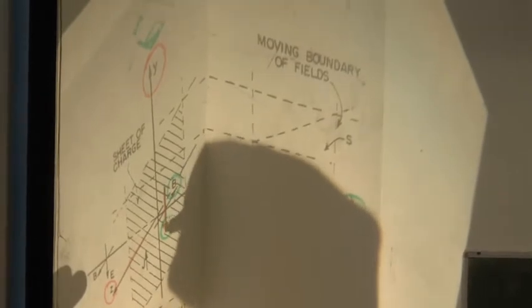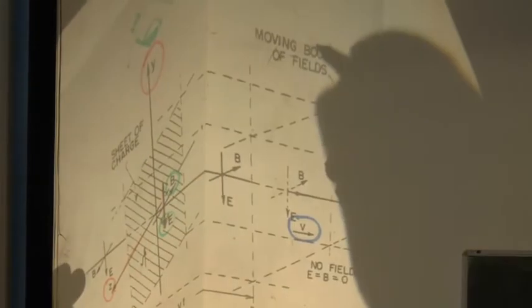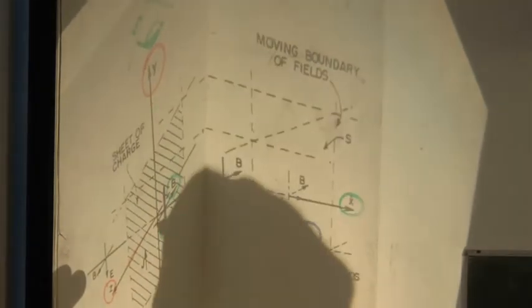Now I look down this way, the top view, and I see electric field lines going down into the plane, and magnetic field lines going across my vision.